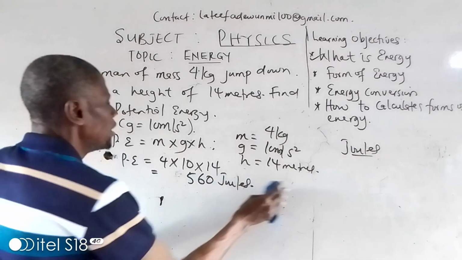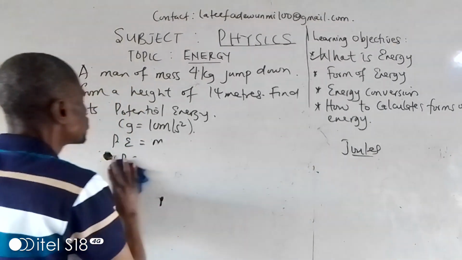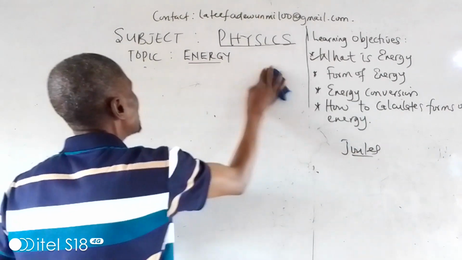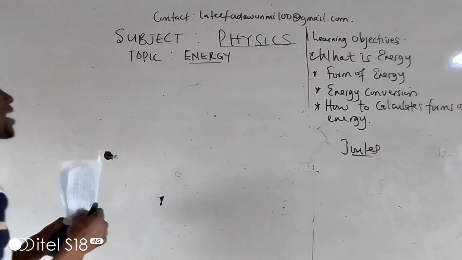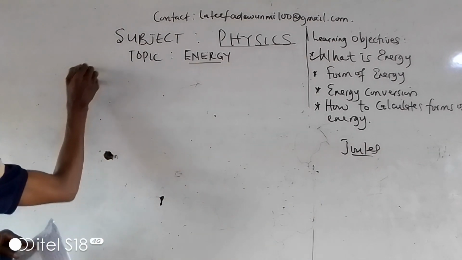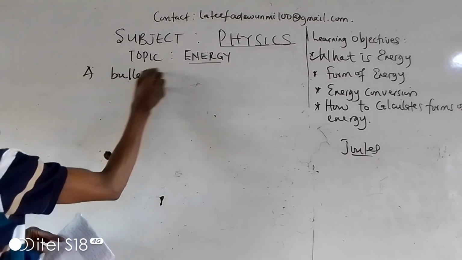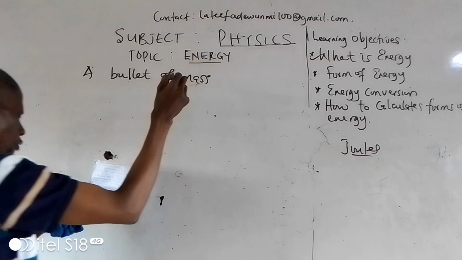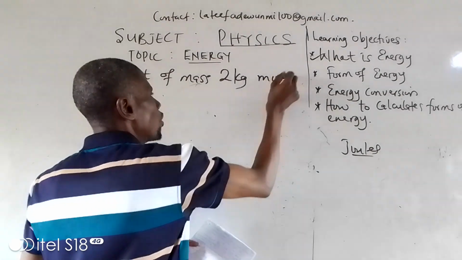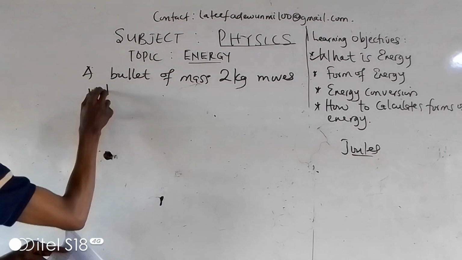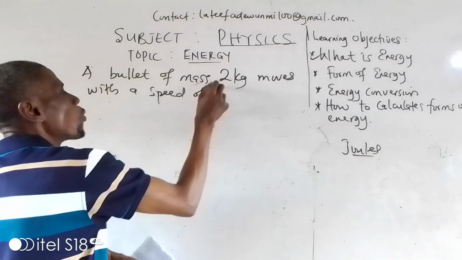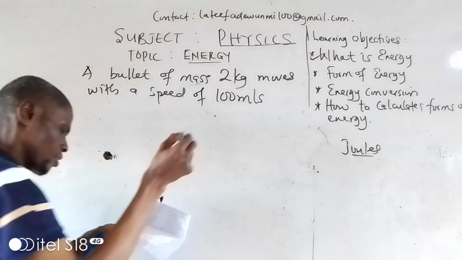Now let's go further. Let us look at the second one, how to calculate kinetic energy. You've seen how to calculate potential energy. What about our kinetic energy? Let's look at the question. The question says a bullet of mass 2 kilograms moves with a speed, that is the velocity, of 100 meters per second.